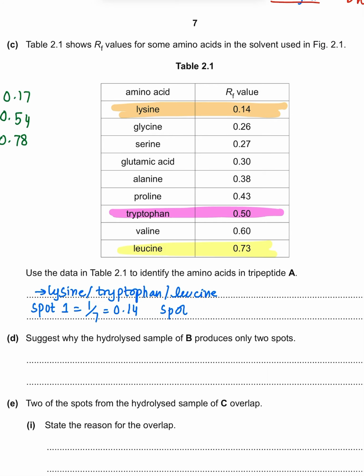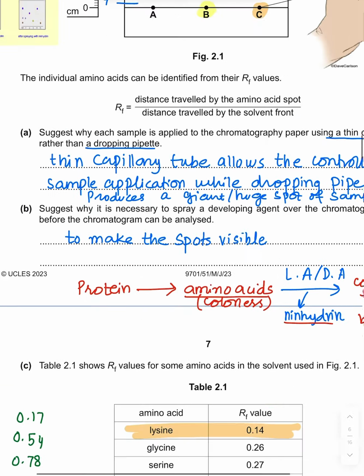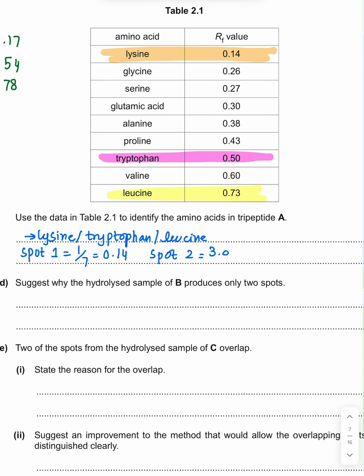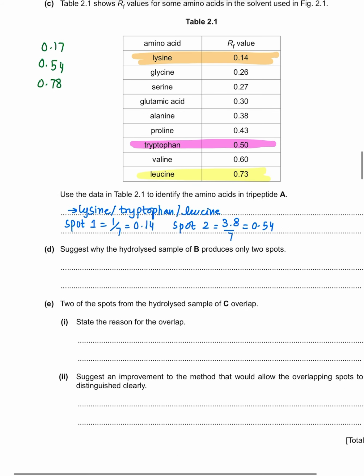For the second spot, 3.8 over 7, which was equal to 0.54. And for the third spot, 5.5 over 7, which is equal to 0.78. All these values align with the data given in the table. So we can say that these 3 amino acids together form tripeptide A.